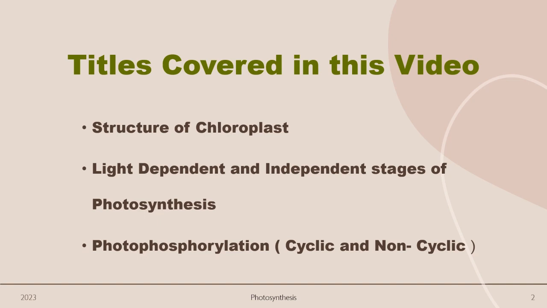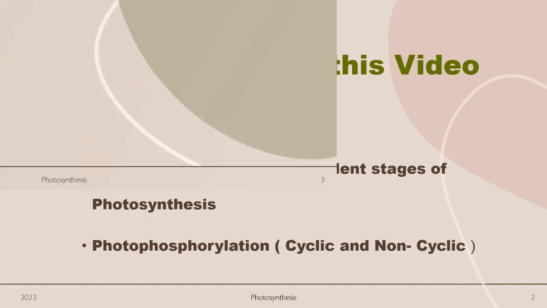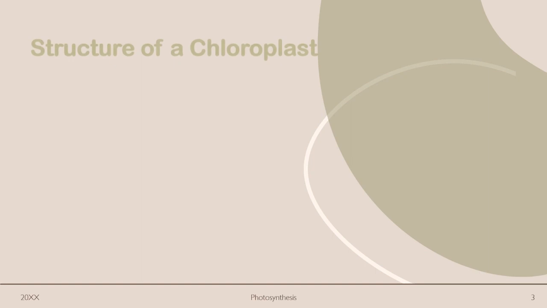Photosynthesis always takes place in two stages. One is light-dependent, the other one is the dark reaction, or light-independent stage. And the last thing we're going to learn is photophosphorylation, which is also in two stages, cyclic and non-cyclic. So let's get into the structure of a chloroplast.